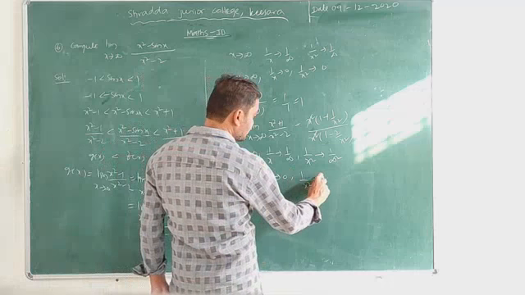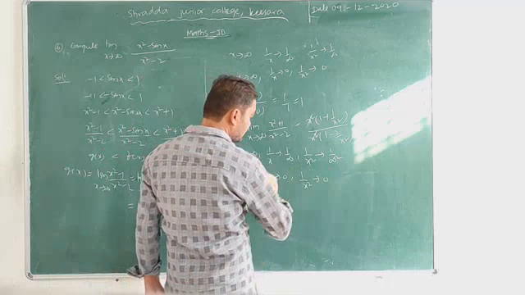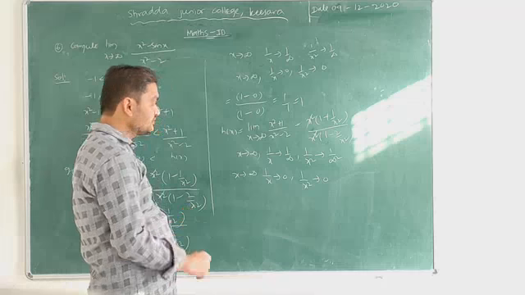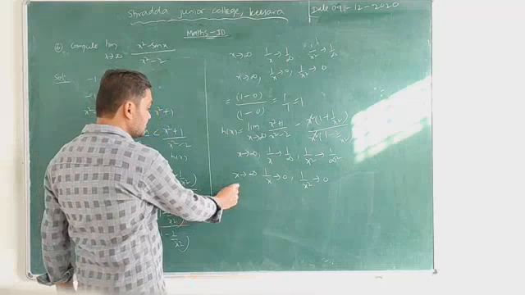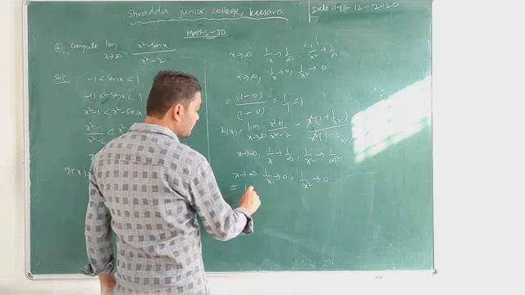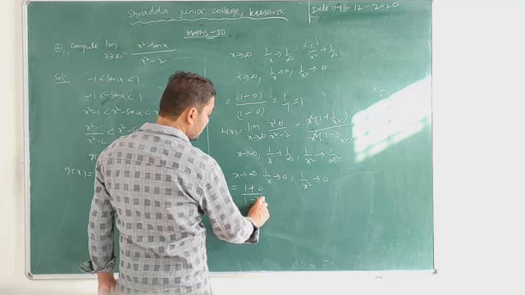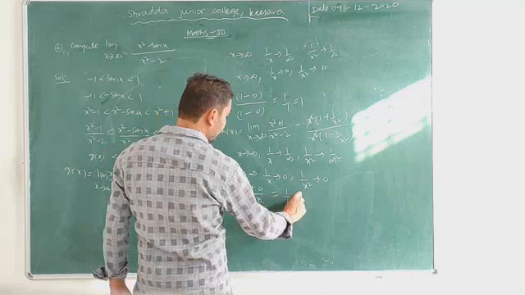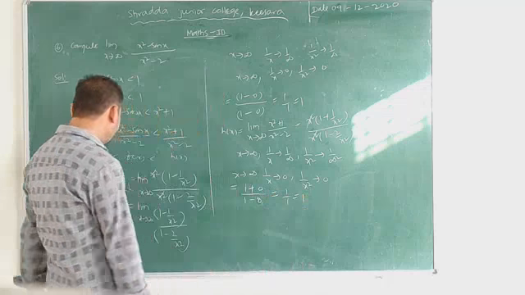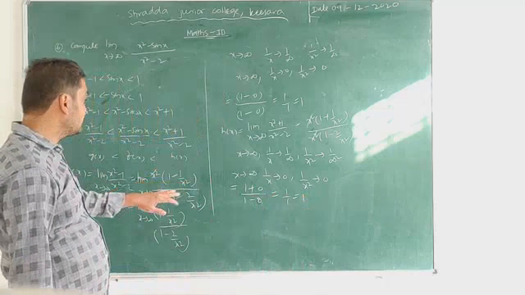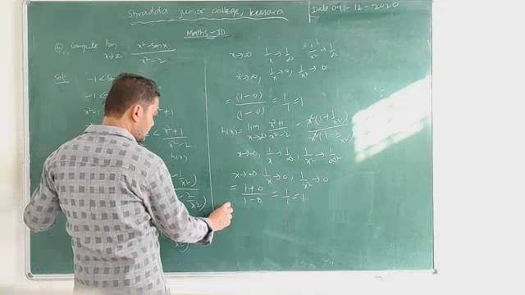And 1 by x square tends to 1 by infinity, that is also equal to 0. Now substitute 0 in place of 1 by x square: 1 plus 0 by 1 minus 0, that is 1 by 1 equals 1. See here, h of x equals 1 and g of x equals 1.